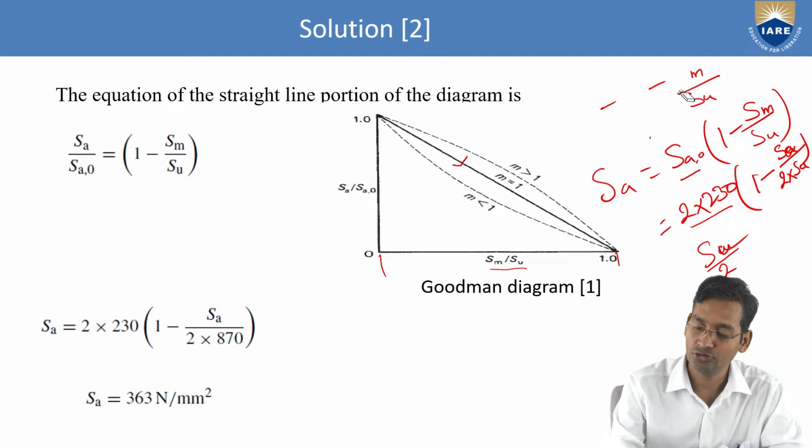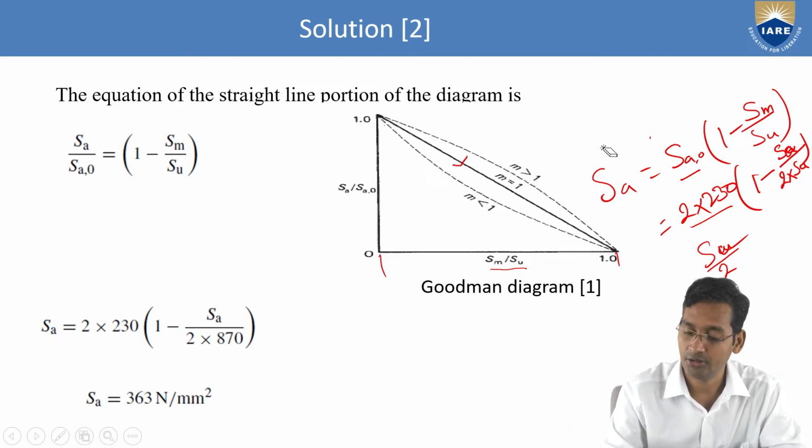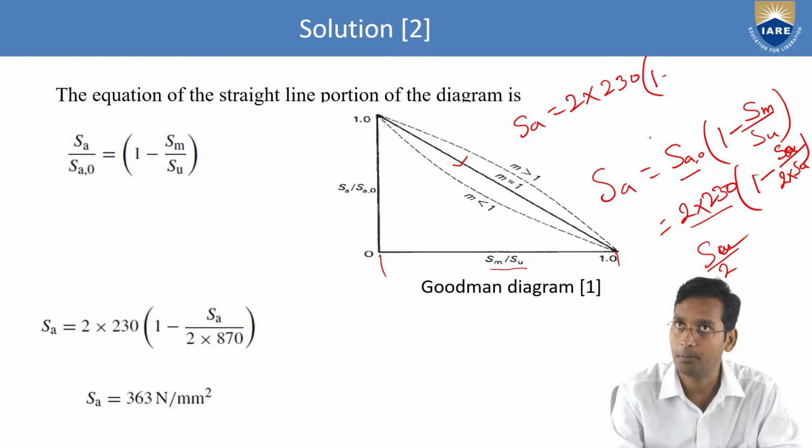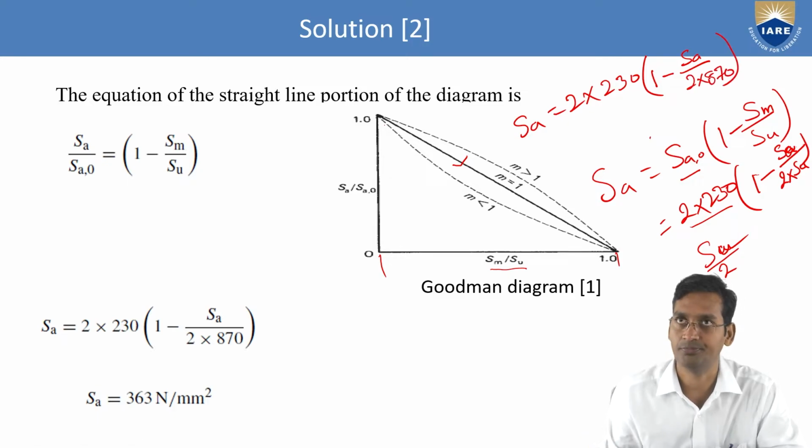Now you know the Su value, so let's put it here. So Sa equals 2 into 230 into 1 minus Sa by 2 into 870.